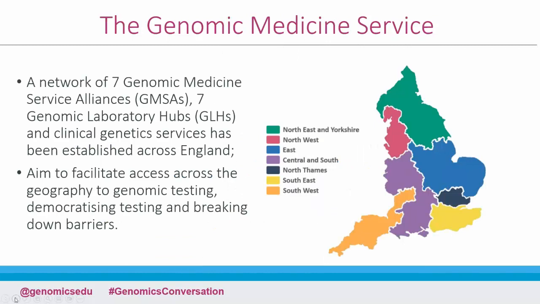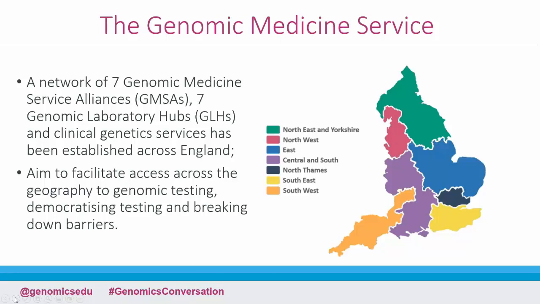So in order to facilitate the adoption of genomic medicine, there's been a really big reshake of how we are delivering genomic medicine in the UK. So there's been a structure imposed upon the UK, well, in England in particular, where we now have 7 genomic medicine service alliances mapped to 7 genomic laboratory hubs. And you can see the geographical divide of these GMSAs and GLHs on the map here on the right.